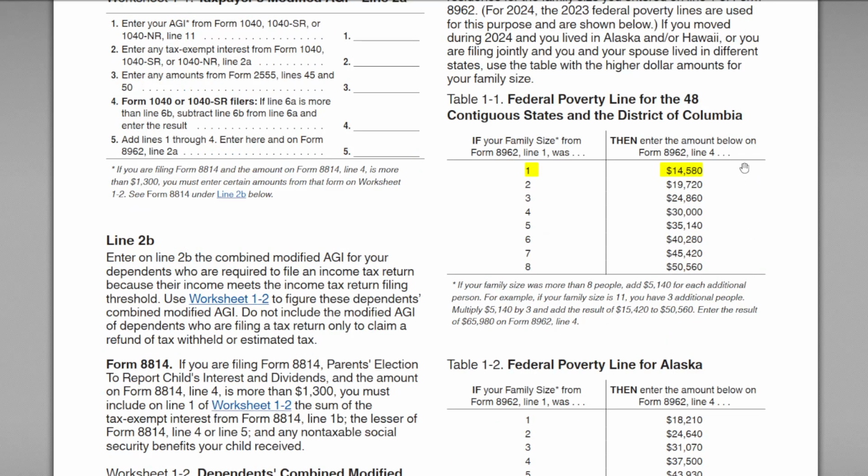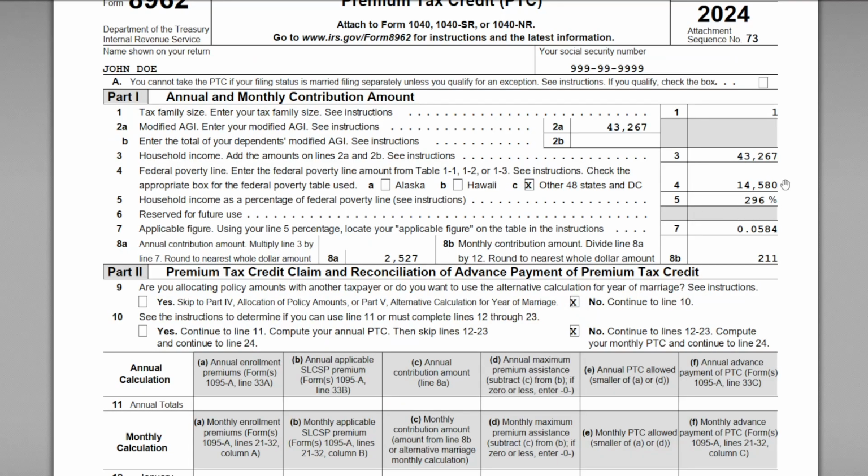But for the District of Columbia and the other 48 contiguous states, you would use this table 1.1. So we've got the 14,580 entered there, check the other 48 states in DC box, and then calculate the household income as a percentage of the federal poverty line. We just divide the household income, 43,267 divided by 14,580, and we're left with 296%.